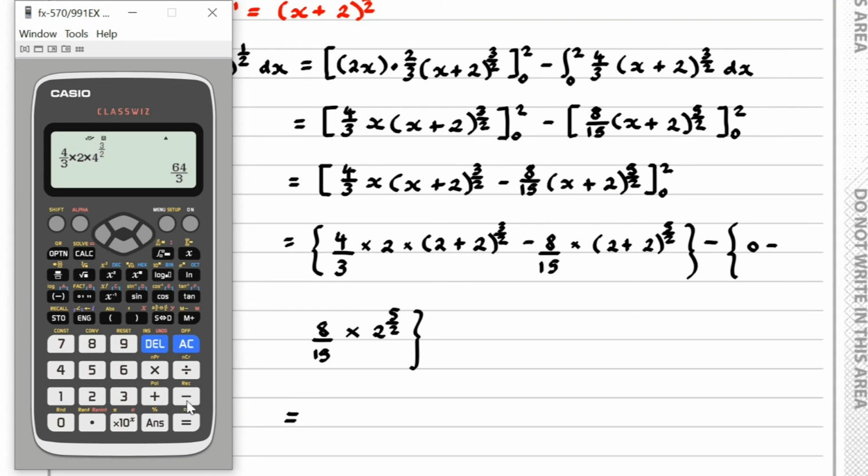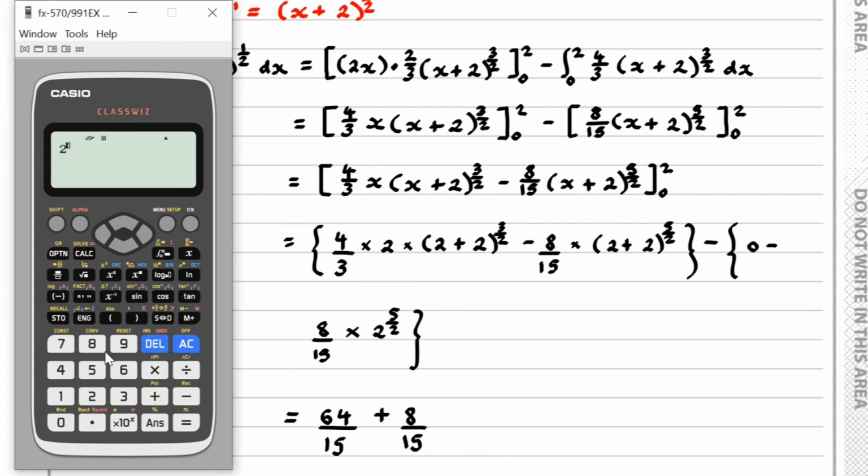And then I subtract from that 8 over 15 times by 4 to the power of 5 over 2. So I get 64 over 15. And then the minus and the minus give a plus. So then I add on 8 over 15 times by 2 to the power of 5 over 2.